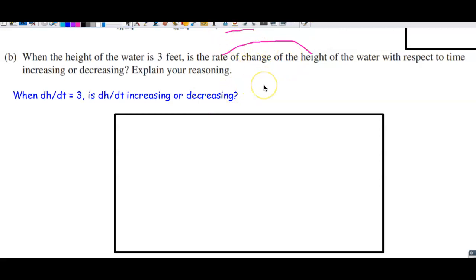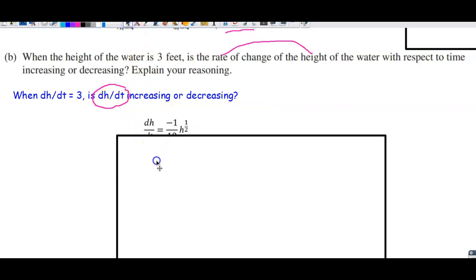Well, to know if dH/dt is increasing or decreasing, we need to know the derivative of dH/dt, which is the second derivative of h. So I have to take the derivative of dH/dt implicitly in order to determine whether I'm going to output a positive or a negative.